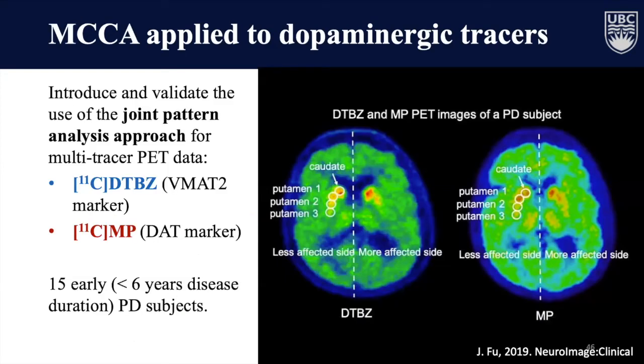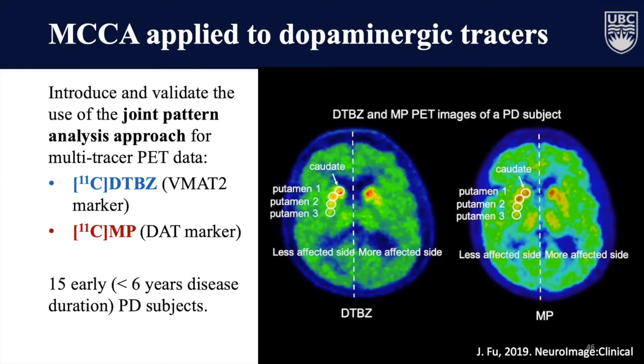This was the first application of this pipeline to PET tracers. We want to introduce and validate the use of this joint pattern analysis approach, that is MCCA plus orthogonal signal correction, for multi-tracer PET data. We chose two presynaptic dopaminergic tracers. DTBZ is a VMAT2 marker that measures dopaminergic system integrity, and MP is a dopamine transporter marker.